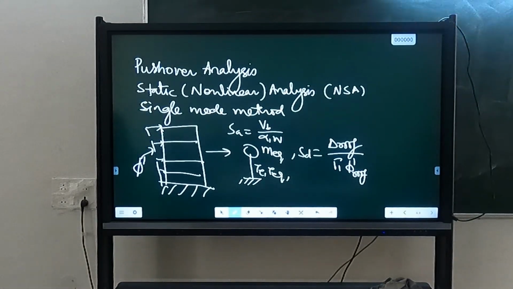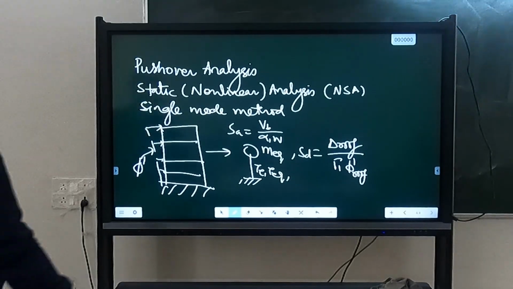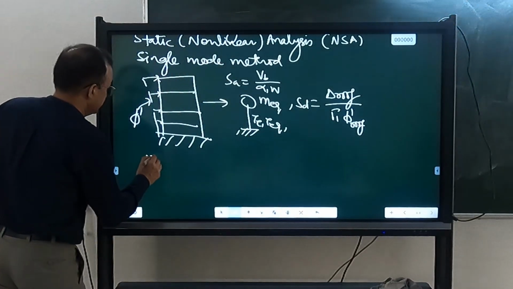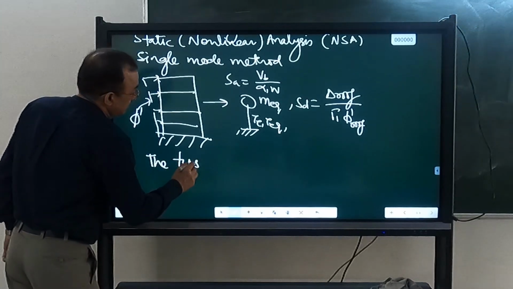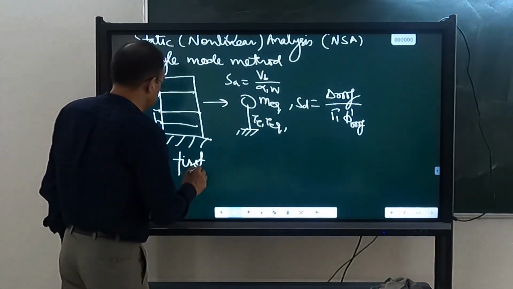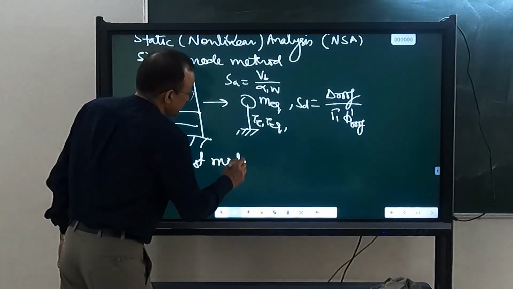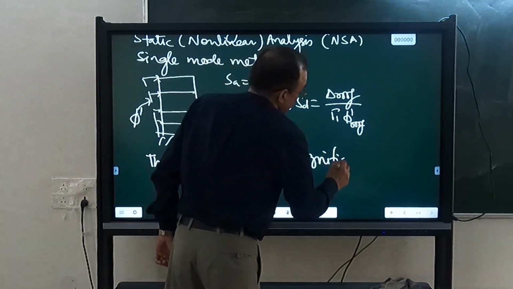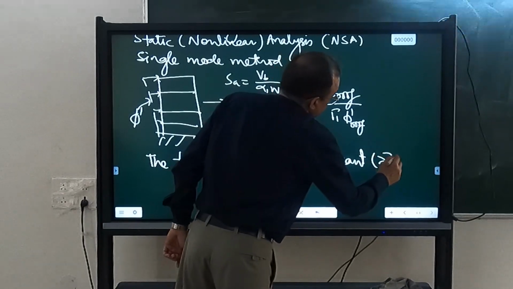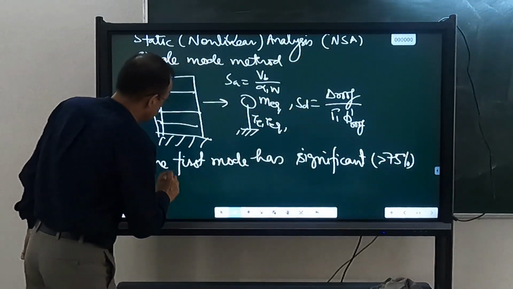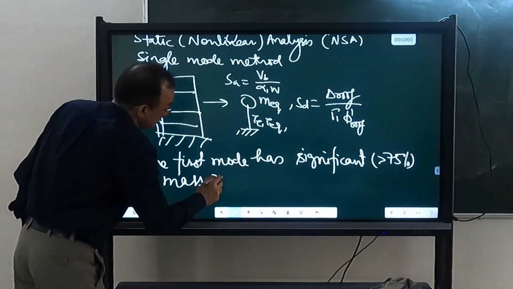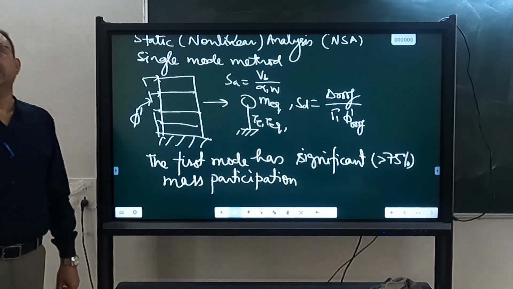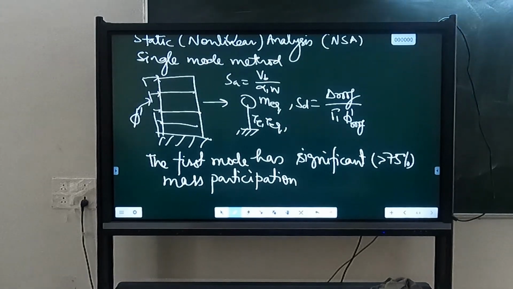So in which type of structures will such a method be applicable? Where the first mode itself has significant contribution. So this is applicable to only those structures in which the first mode has significant, that is more than 75% mass participation. For other structures, this is not applicable.